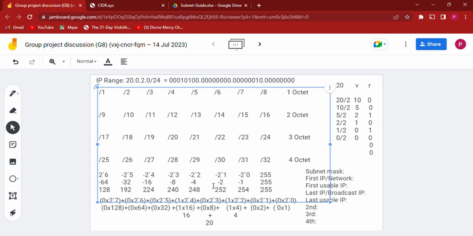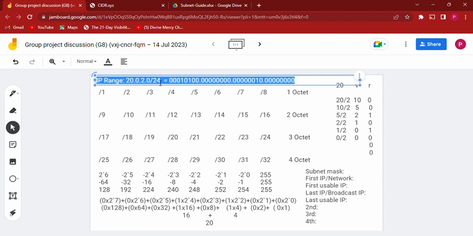Okay, so now let's say this is /7, right? It means you are reserving 7 of the bits, 1, 2, 3, 4, 5, 6, 7, for the network, and the rest for the host.